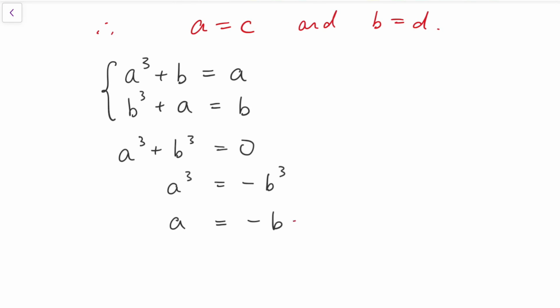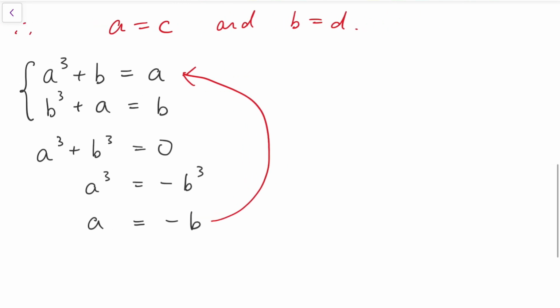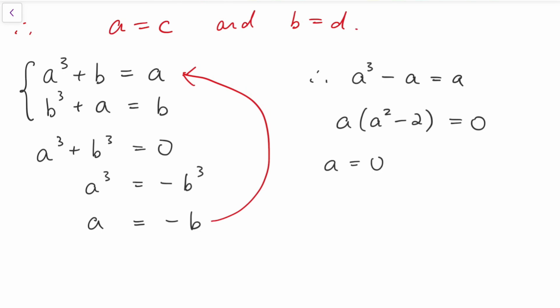So putting this back into, say, the first equation, then we can say that a cubed minus a equals a. So a times a squared minus 2 equals 0.